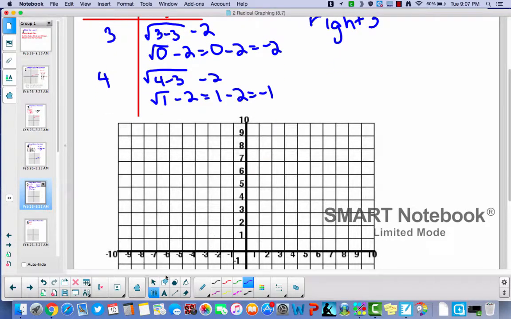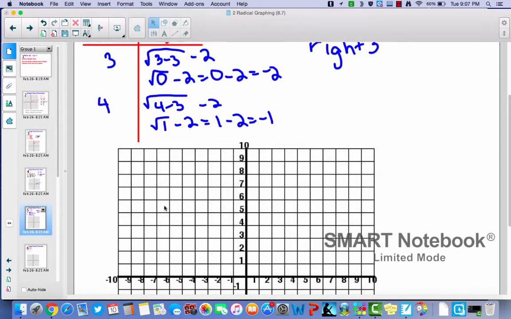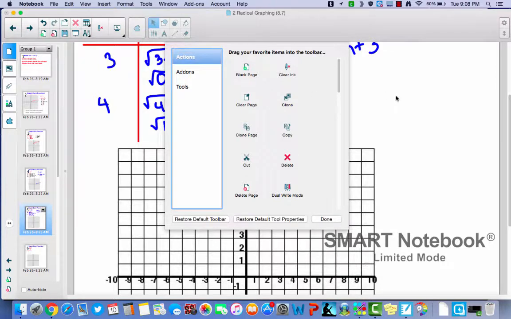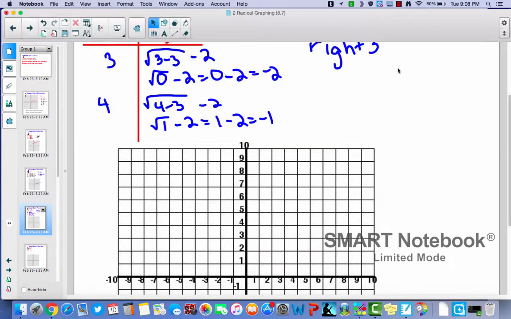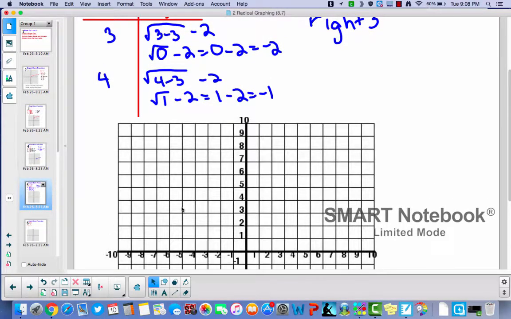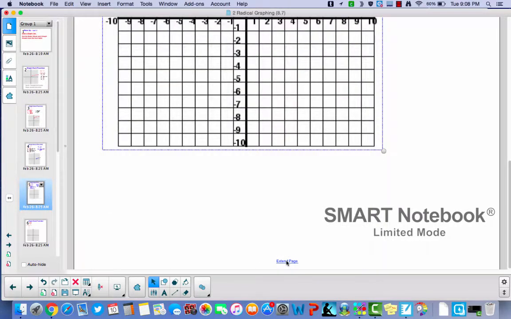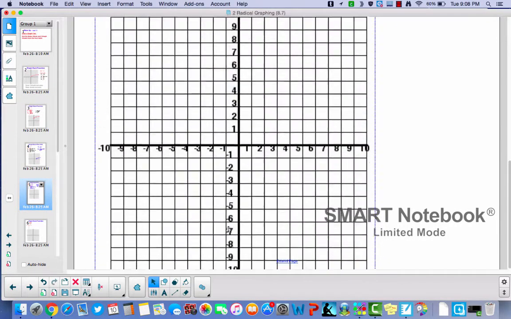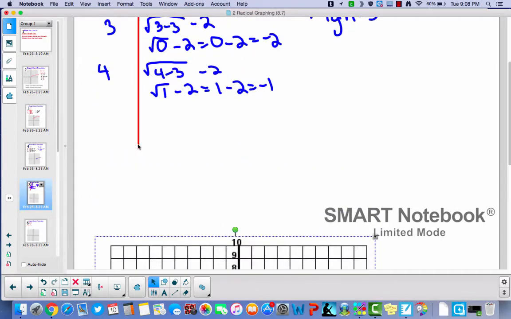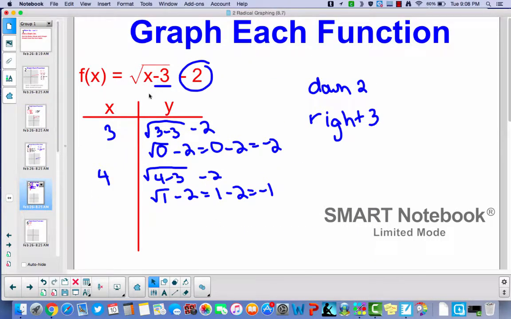I'm going to give myself a little bit more room here. Okay. Now, if I put a 5 in, 5 minus 3, that's 2.